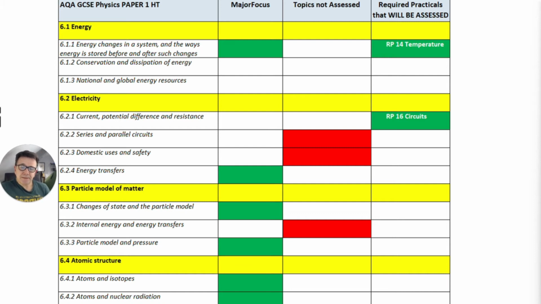Particle models of matter, very important, except you'll get no questions on the internal energy and energy transfers. And then atomic structure, as you can see, the whole of atomic structure is there. So major focus on atoms and isotopes, atoms and nuclear radiation.